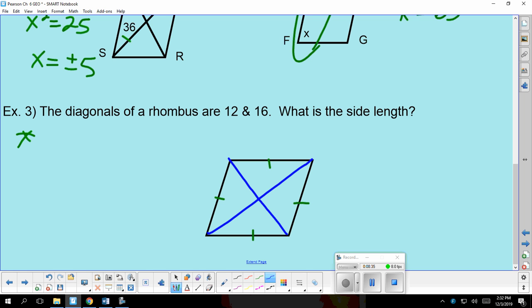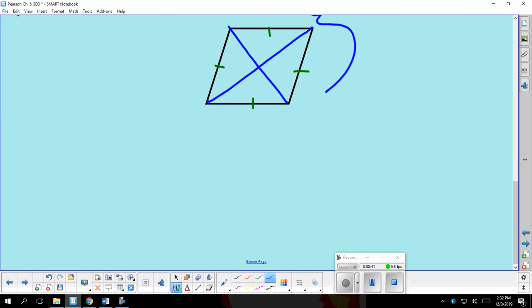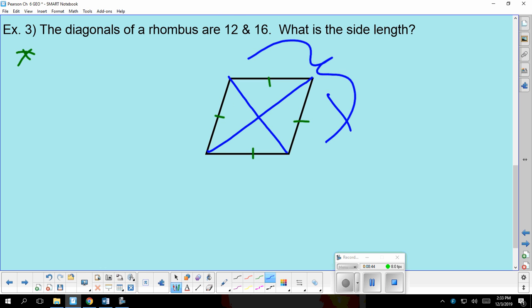The short diagonal is 12, and then the long diagonal is 16. What do I know about the diagonals of a rhombus, which is also a parallelogram? Well, first, I know that they bisect each other. So if this whole length is 12, this is 6, that's 6. If this diagonal is 16, this is 8, and that is 8.